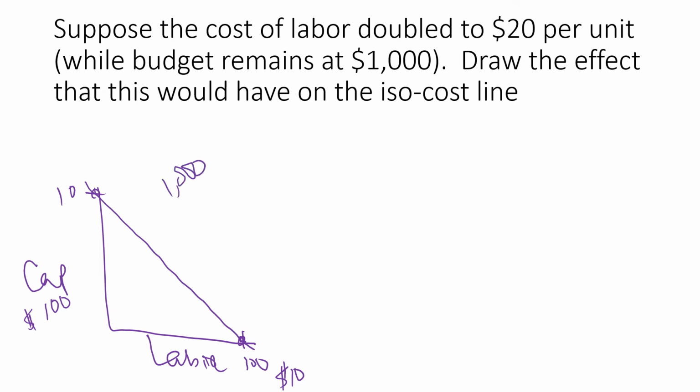So budget is staying at 1,000, but now the labor costs $20 instead of 10. So you divide that by $20 and your new extreme point for labor is going to be 50. Nothing changes with capital. So your new line is going to look like that. We did a lot of this with budget lines before.